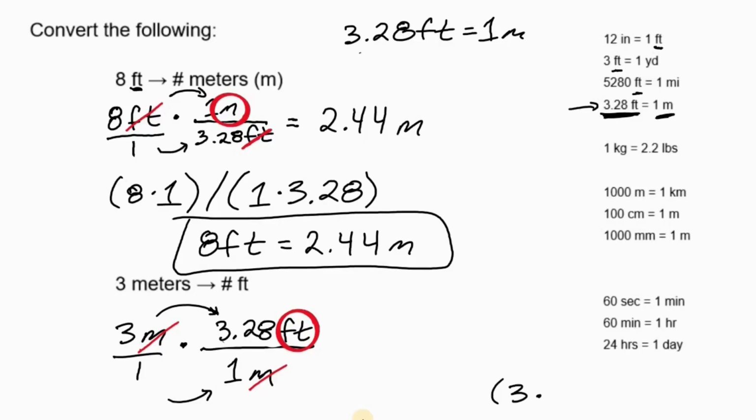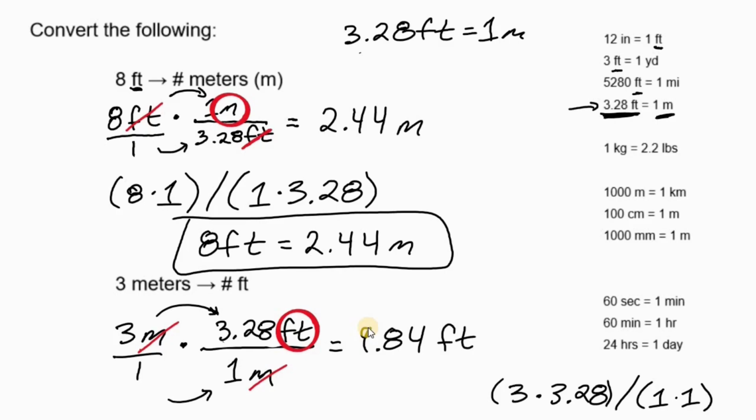So we have 3 times 3.28, divided by 1 times 1. And I'm sure a lot of you right now just know, hey, the division of 1 times 1 is just unnecessary to do in your calculator. But when we do this, what we get here is an answer of 9.84. And the units here are feet.